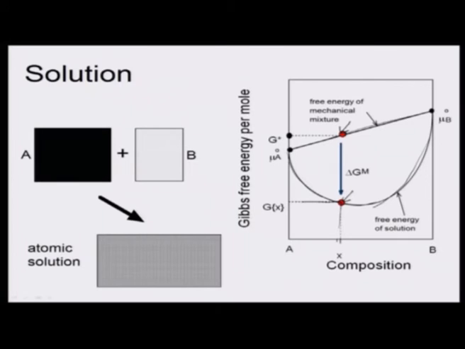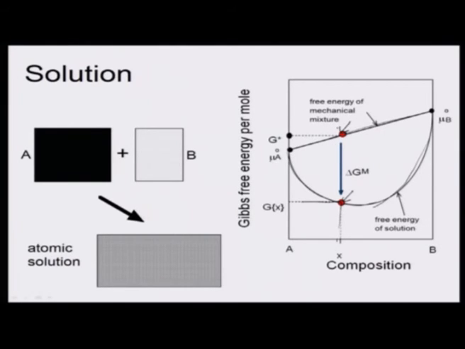So the P energy of the alloy is lower than the P energy of the physical mixture. That is why if I add salt into water, it has to mix, because energy will be lowered. If they remain separate, energy will be higher. So it is better that the salt gets mixed into water.